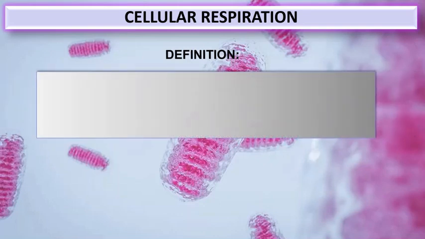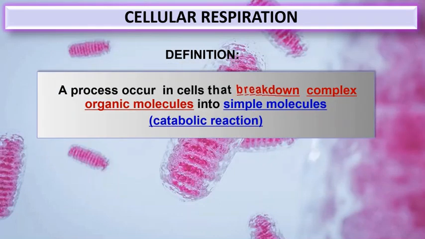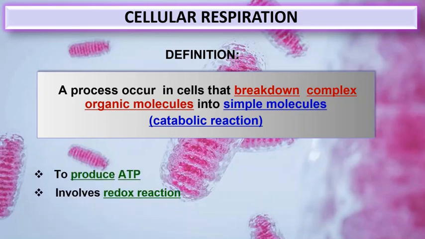Definition of cellular respiration: a process that occurs in cells that breaks down complex organic molecules into simple molecules, and it is a catabolic reaction. It is used to produce ATP and involves redox reactions.